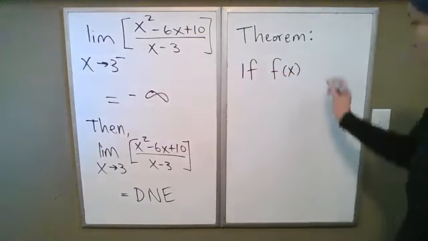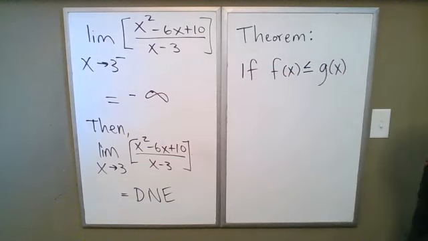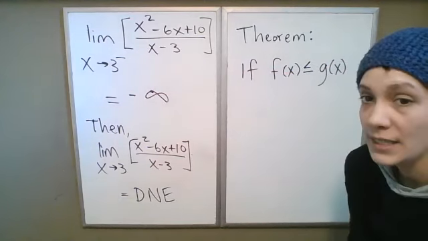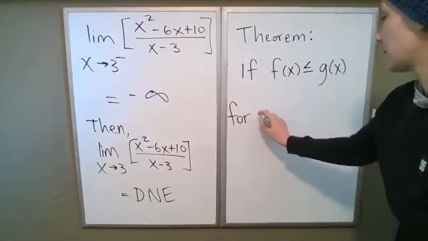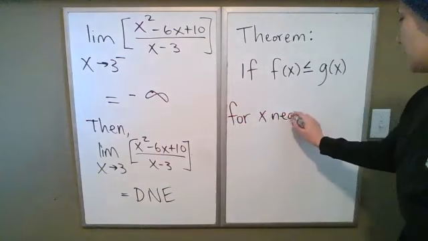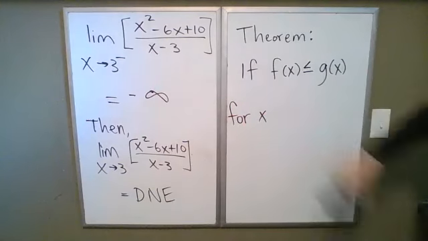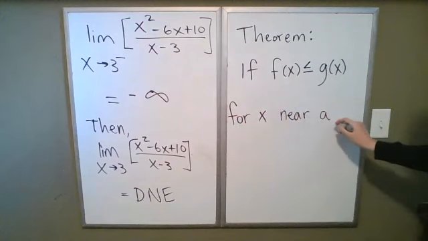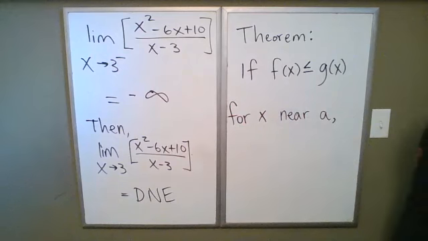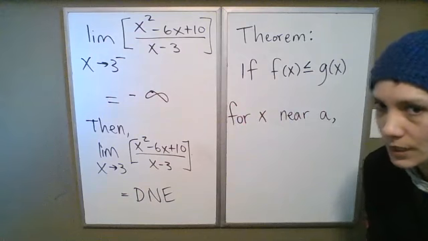f of x is less than or equal to g of x for x near a, except possibly at x equal to a.